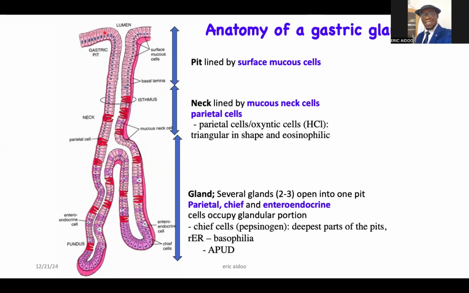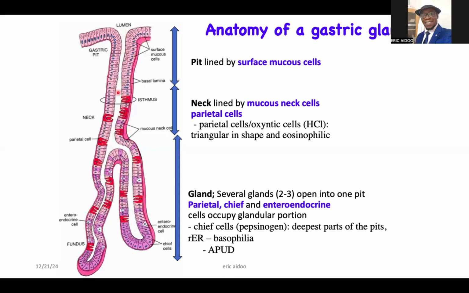So you have this epithelium going down and then coming up and then going down and coming up. This goes on all the way, okay, in the entire stomach lining. So within this core, you find a mucosa. So the mucosa goes with the epithelium, comes down, and then goes again.